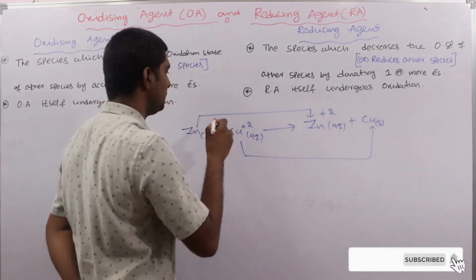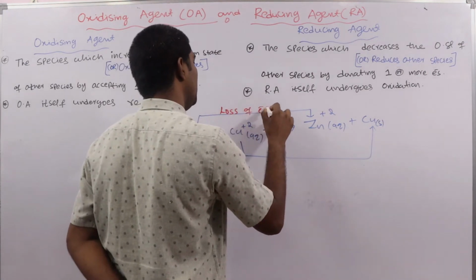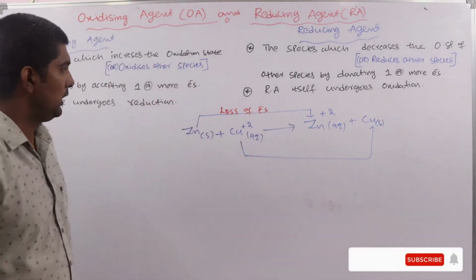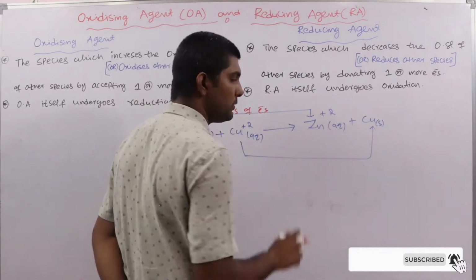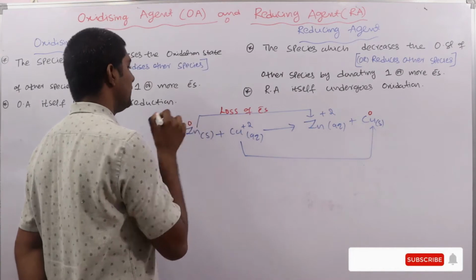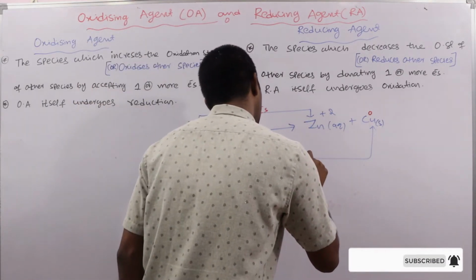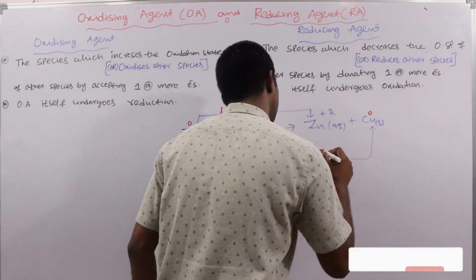Zinc to zinc plus 2, loss of electrons. And here from copper plus 2 to copper, what is the oxidation state of copper? 0. So here, gain of electrons.